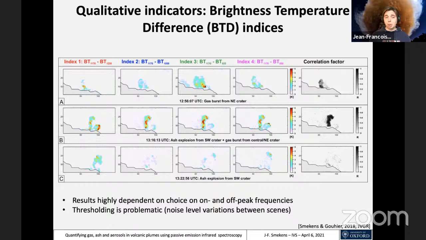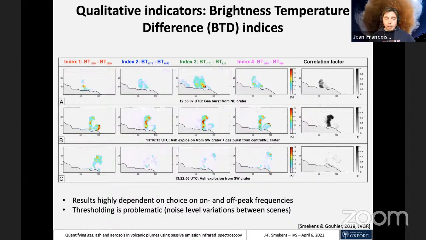For some events, the results look very similar, but for other events, they might look very different. Particularly this C event, which is an ash burst, looks very different depending on which index is chosen.